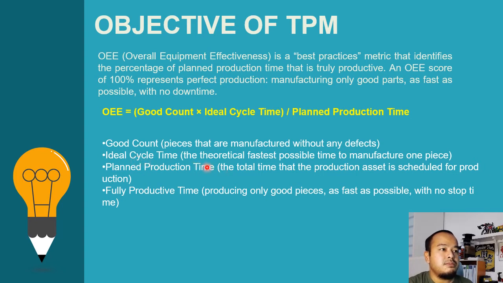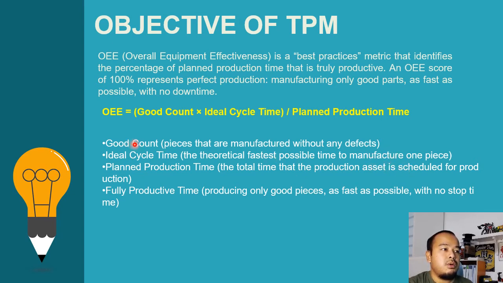Ideal cycle time is the theoretical fastest possible time to manufacture one piece. As in your car project tu, you dah ada buat testing dulu kan, and then you dah expect what your benchmark for the cycle time is. So that's how we decide the ideal cycle time. Benchmark tu maknanya you kena get within the benchmark or faster.